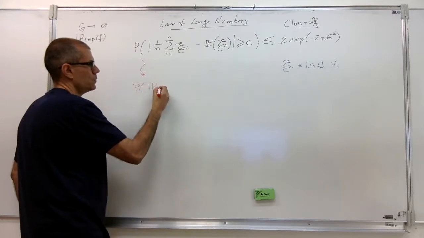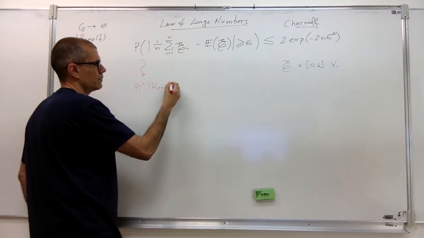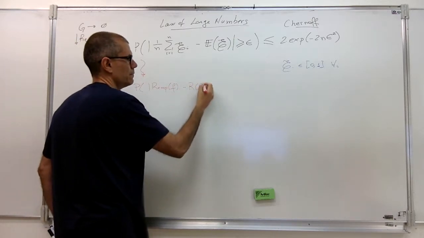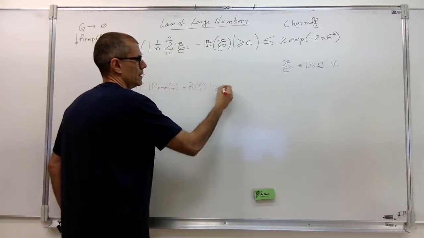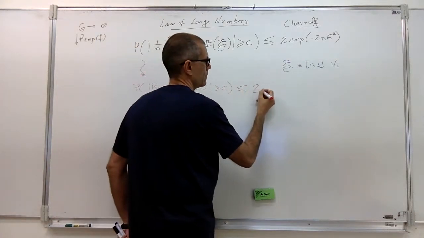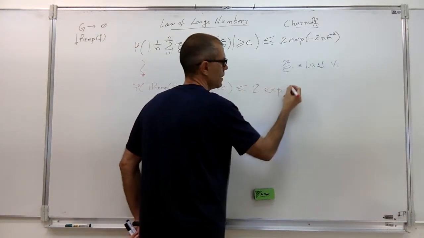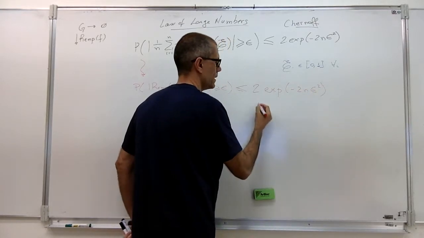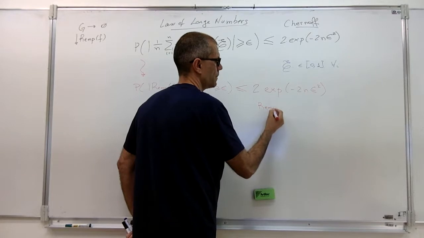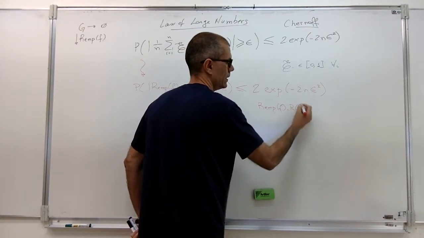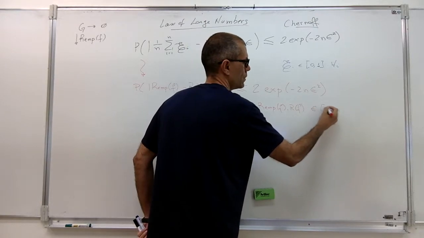I could just substitute the empirical risk of a function f minus the expected risk of the same function and somehow ensure this. And this is valid since we have empirical risks and expected risk in interval 0, 1.